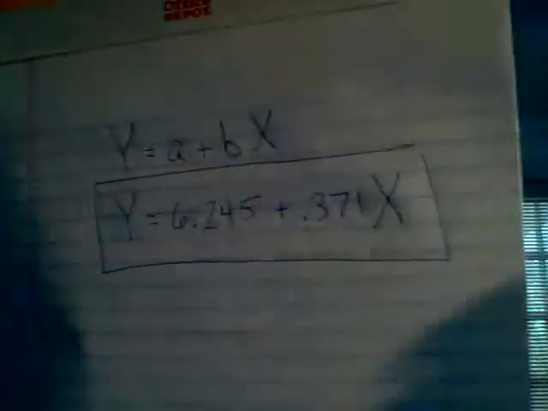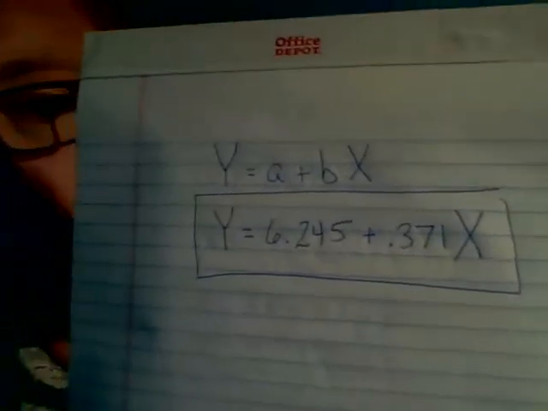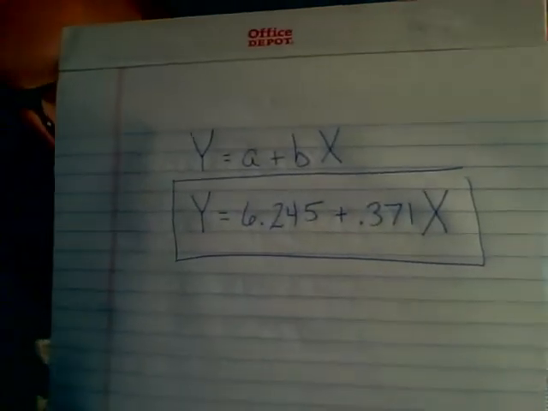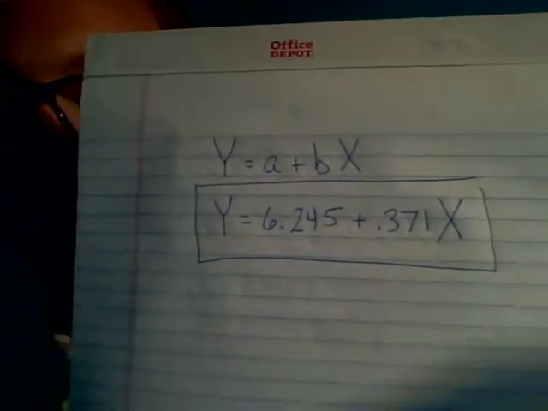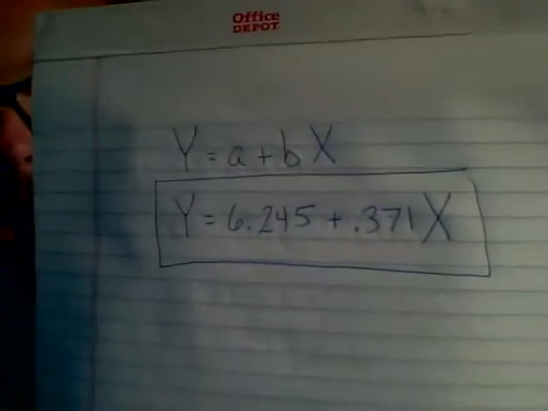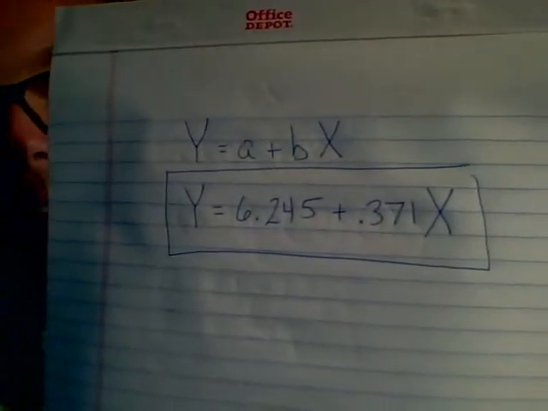Or, in this case, testing the relationship between amount of hours we exercise and hours spent sleeping, the regression equation is y equals 6.245 plus 0.371x, A and B.